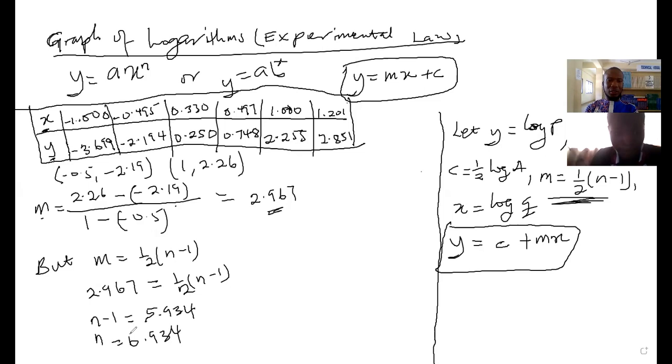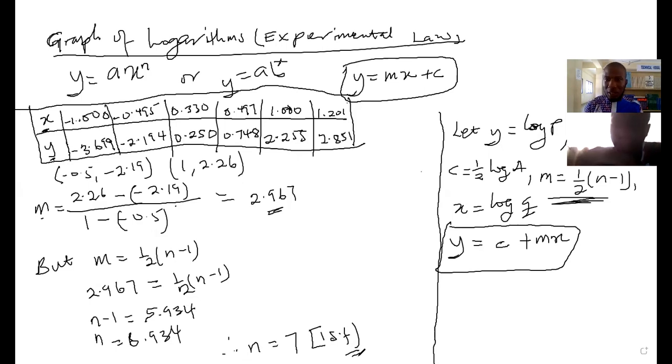But we are asked to round our final answer to one significant figure. So therefore, our n will be equal to 7, to one significant figure. So this is how we get our n.